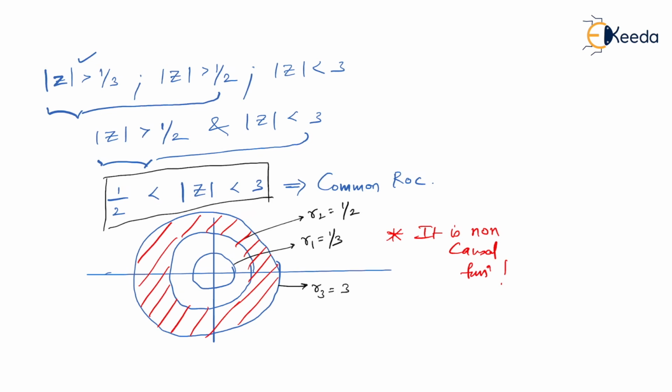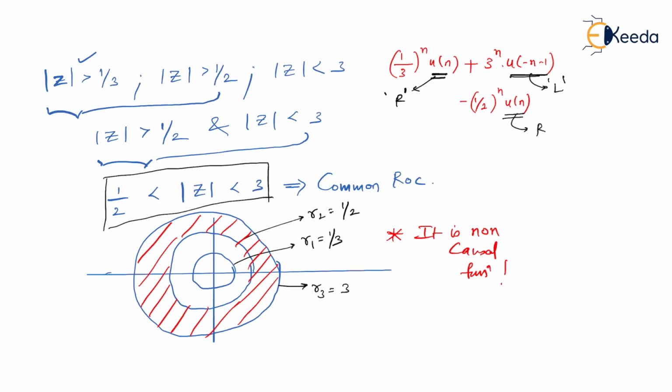Why am I saying it is a non-causal function? Because you know that a non-causal function is a both-sided signal. If you remember, it was like this: 1 by 3 raised to n u of n plus 3 raised to n u of minus n minus 1, and we had one more term, 1 by 2 raised to n u of n. Now tell me, the presence of u of n tells it is right-handed, the presence of u of minus n minus 1 indicates it is left-handed, and again the presence of u of n, it is right-handed.